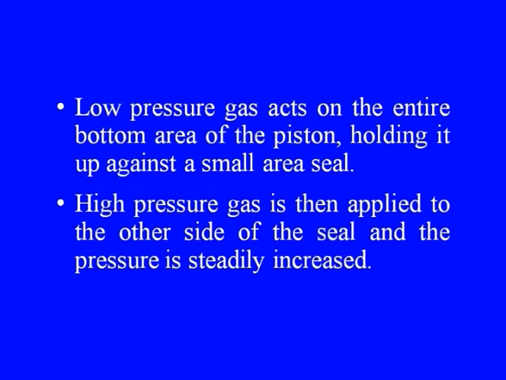Low pressure gas acts on the entire bottom area of the piston, holding it up against a small area seal. High pressure gas is then applied to the other side of the seal and the pressure is steadily increased.